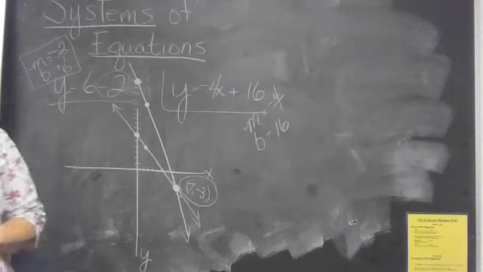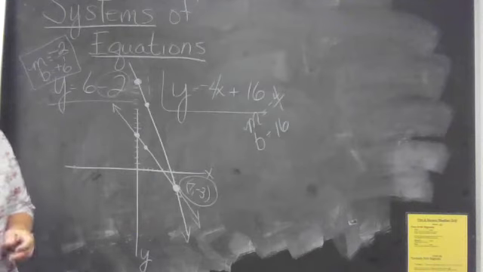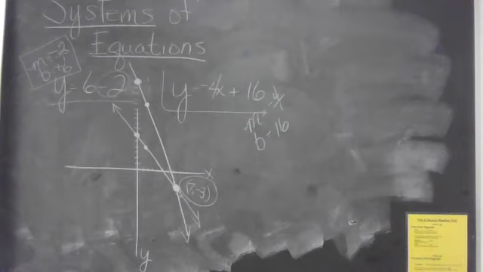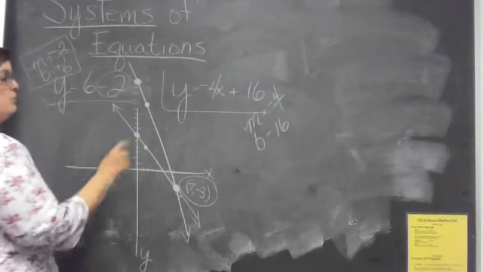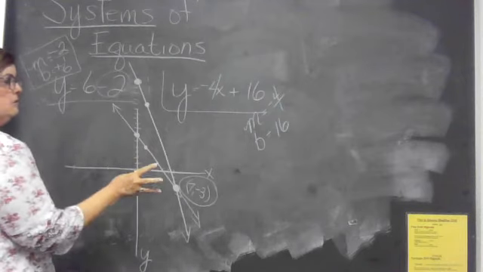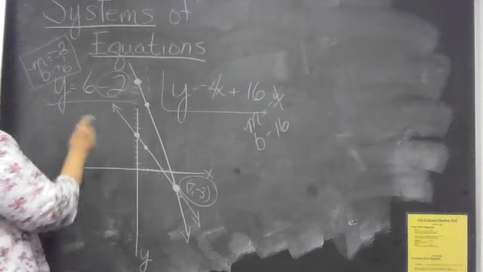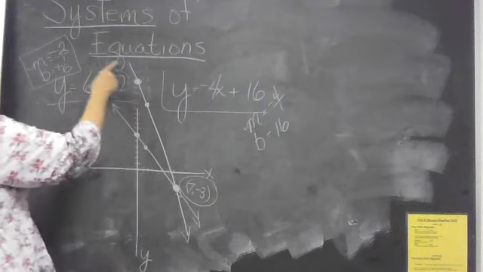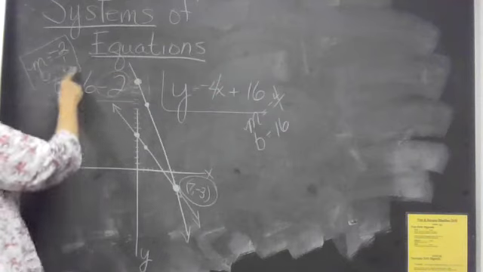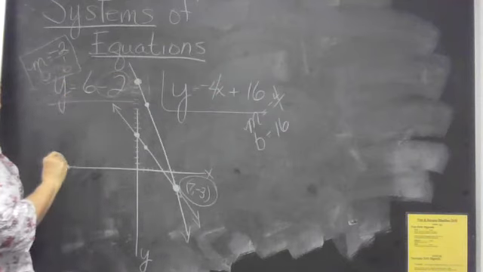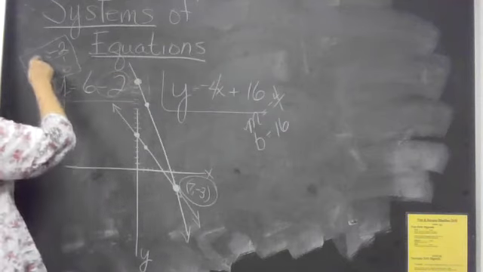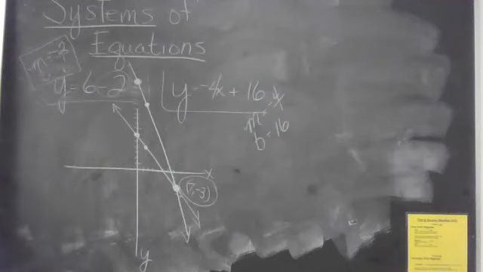The only difference on this page and the next 2 pages, you are solving these systems by graphing. The only thing different on these problems on the first 3 pages are that some of the equations they give you will not be solved for y, and you'll have to get the y by itself before you get your slope and your y-intercept.